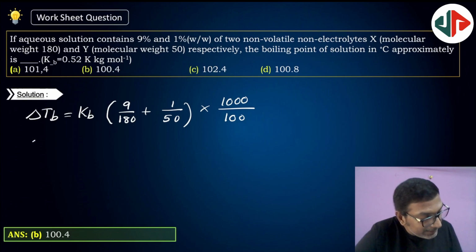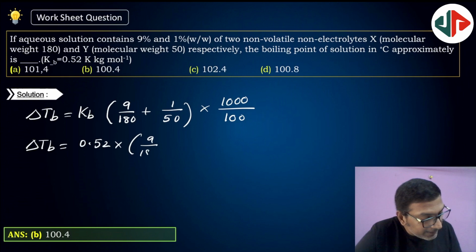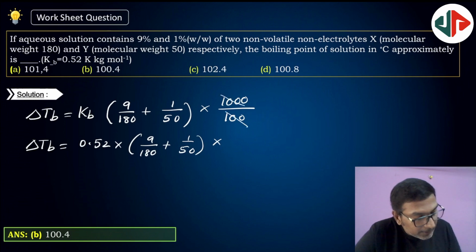So delta Tb equals Kb 0.52 into 9 by 180 plus 1 by 50 into 10 times.